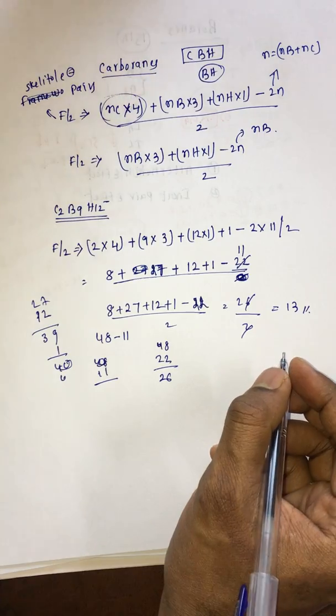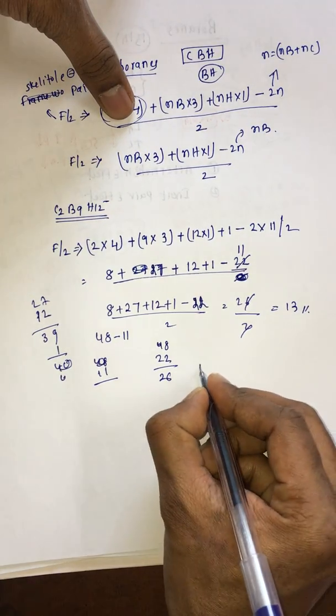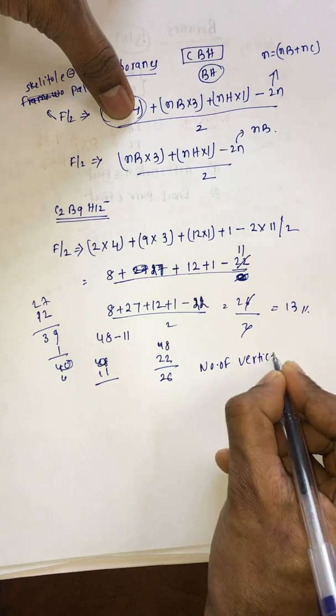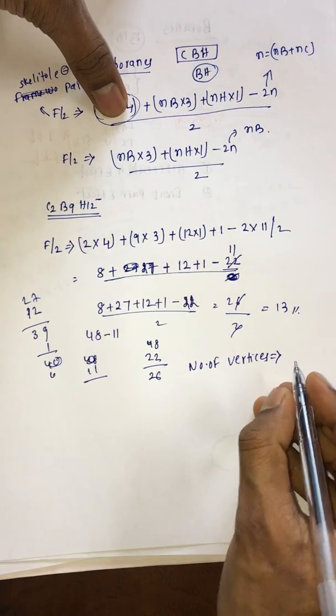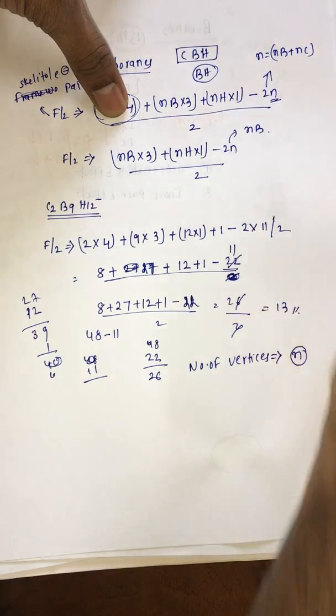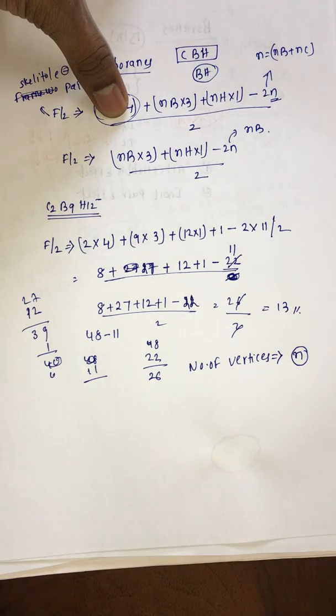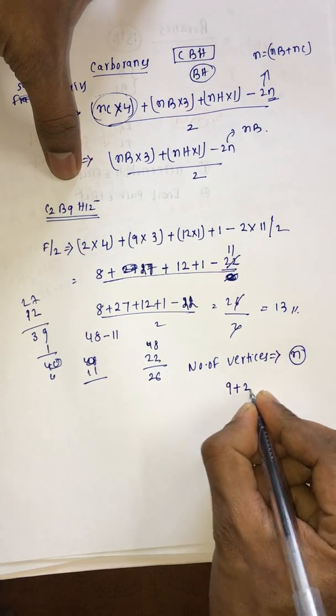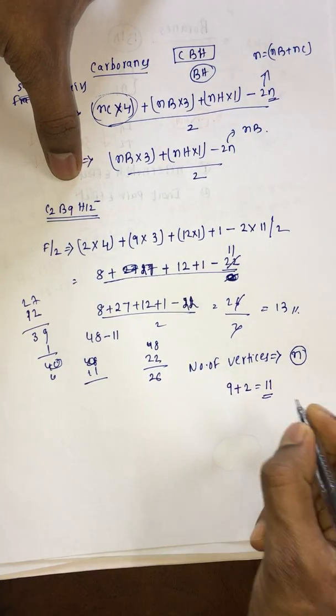Before deciding whether it's closo or nido, we have to calculate the number of vertices. The number of vertices is nothing but the n value, which means number of borons plus number of carbons. Here, how many borons? 9, plus number of carbons 2, so we have 11 vertices.